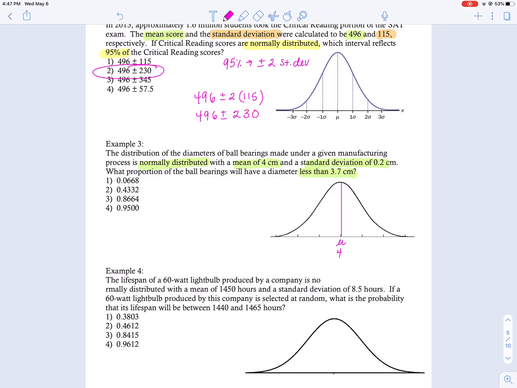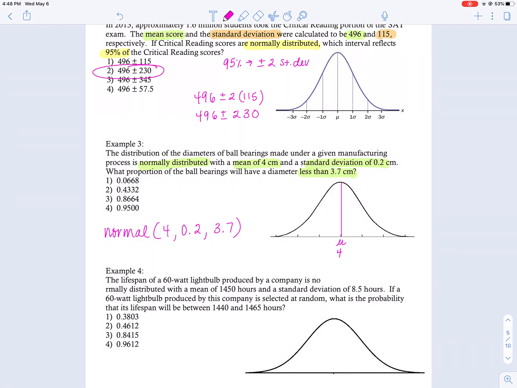So here's what I do know. I need to know, I'm going to use my calculator. To get my percentage or portion of everything less than 3.7, I'm going to take my mean, comma, my standard deviation, and use my 3.7.